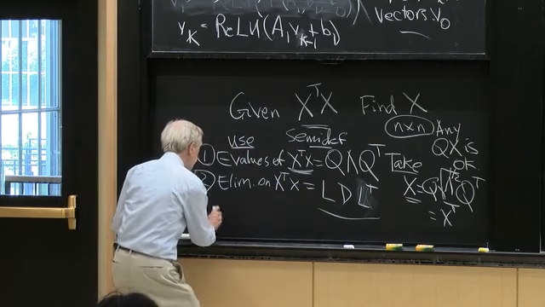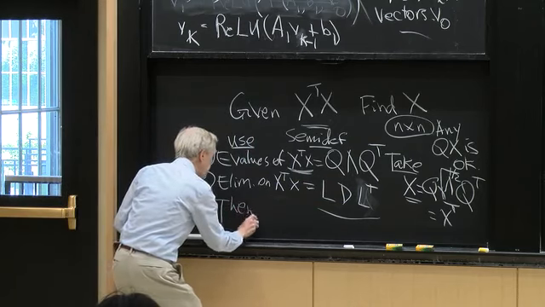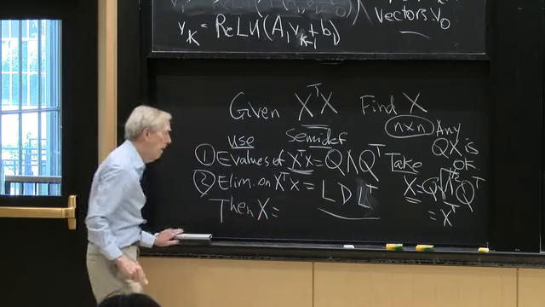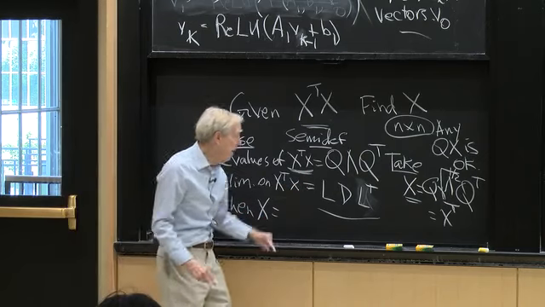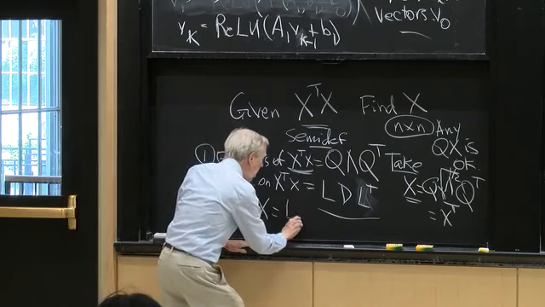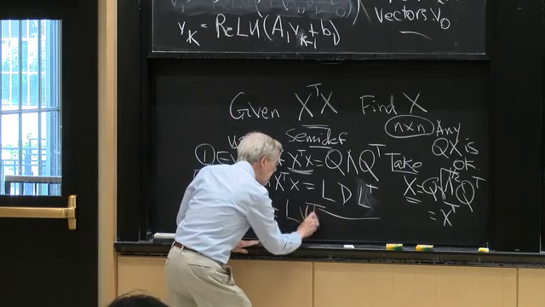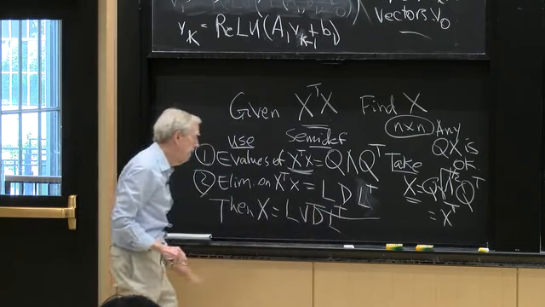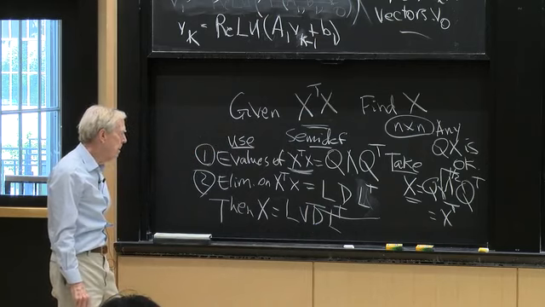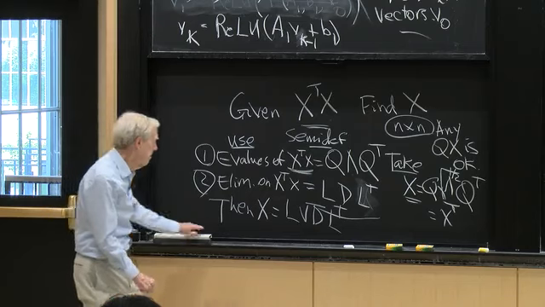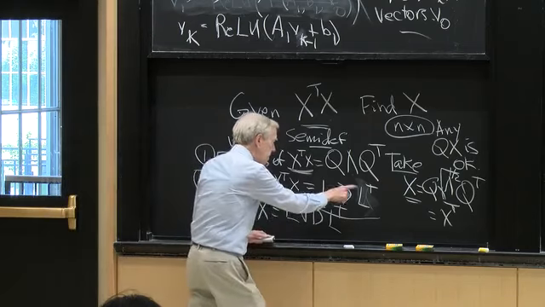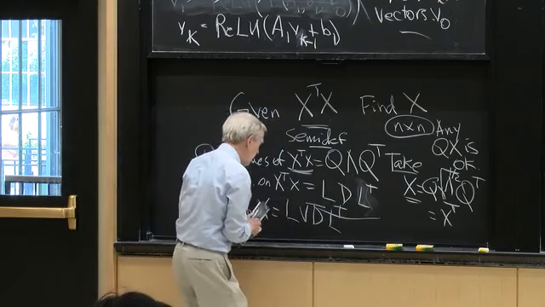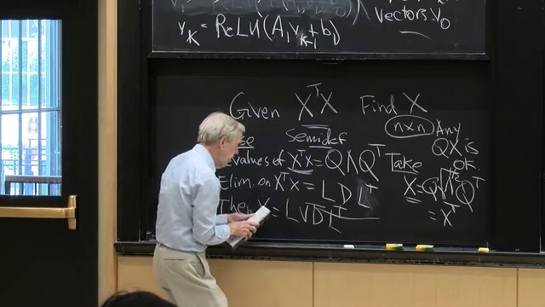So now what's the X? It's just like that. I'll use L square root of D L transpose. Is that right? Wait a minute. No, that's not going to work, because I don't have L transpose L where I had Q transpose Q, which was good.